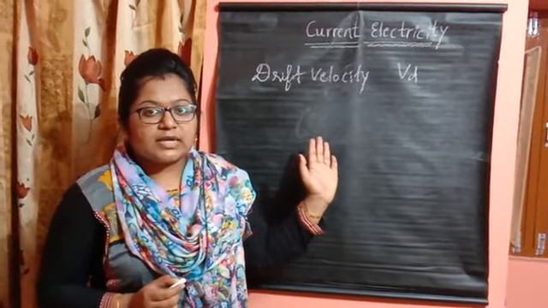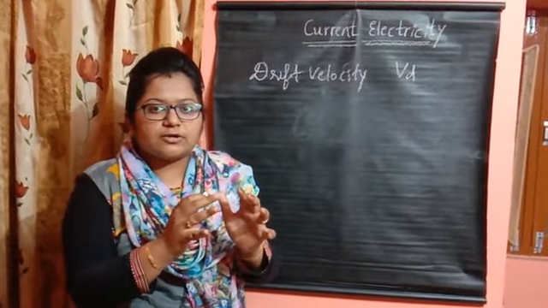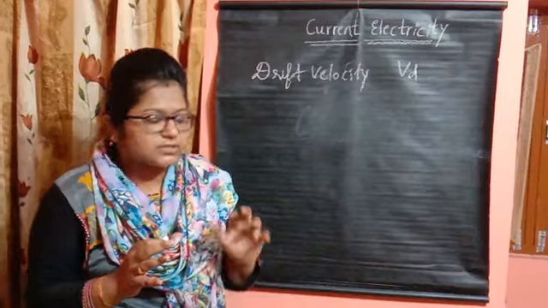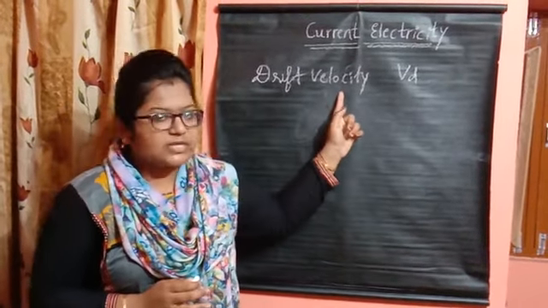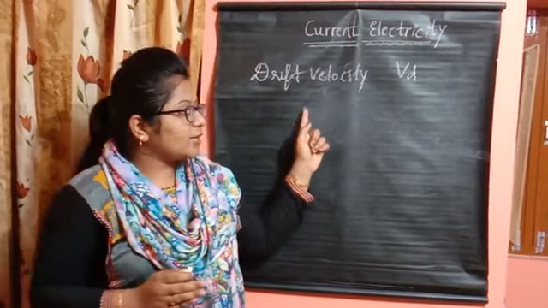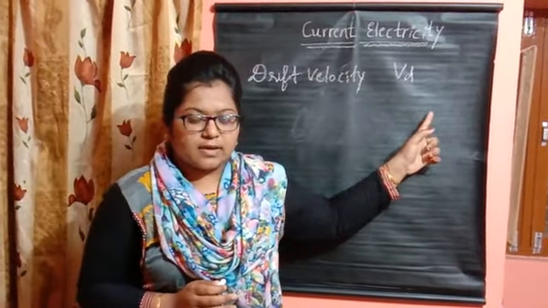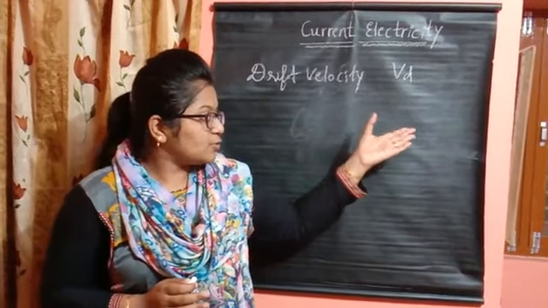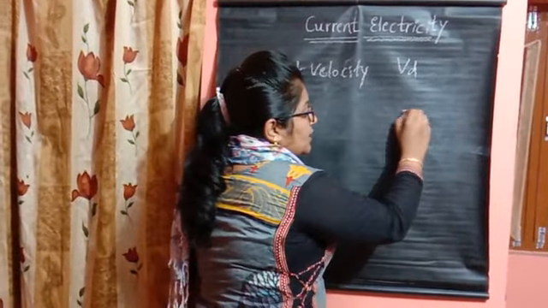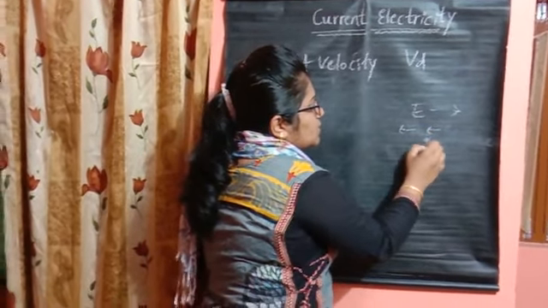How are we taking it as an average velocity? It means the velocity of all the free electrons in that conductor we are considering. So drift velocity is the average velocity with which the free electrons are moving in a conductor. And how are they moving? As I told you, if the electric field is in this direction, the electrons move in the opposite direction.